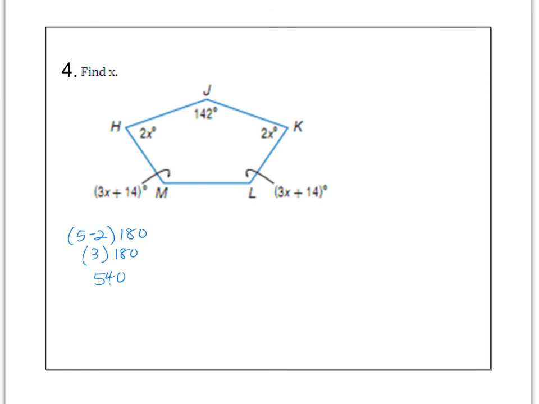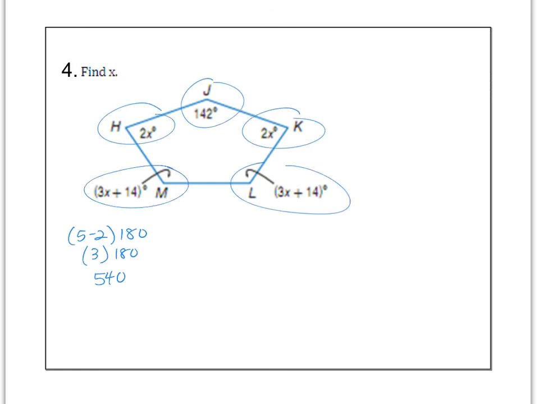So all of these corners, J, K, L, M, H, all of them together should add up to 540. So combine all your like terms. I have 3x, that makes 6x. Here's 2 more, here's 2 more. So I think that's 10x. See what you think. 3 plus 3 plus 2 plus 2. Yeah, that's 10. So we have 10 x's.